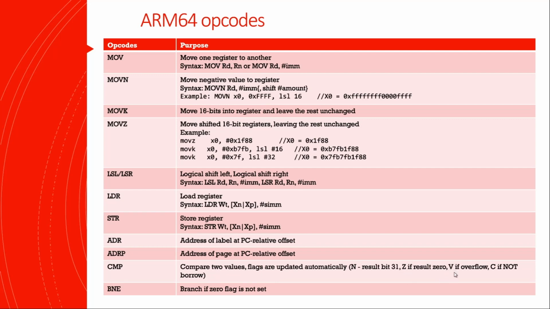V flag will be set if the result of comparing the two values will result in an overflow, and C if the value is smaller than the second operand. Then we have B and E, which stands for branch or not equal to. So if the 0 flag is not set, it will take the branch, otherwise it won't.